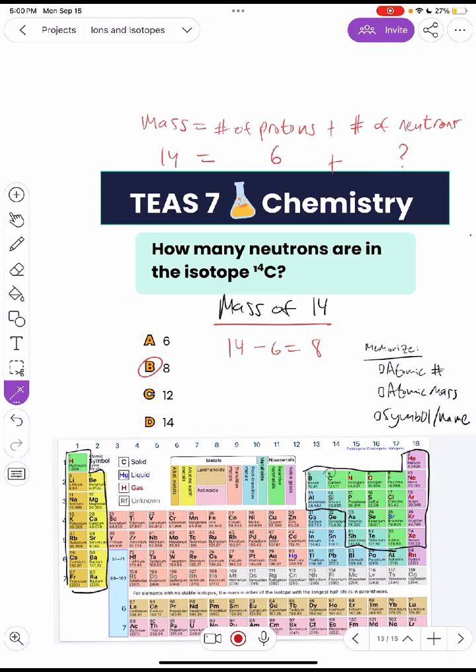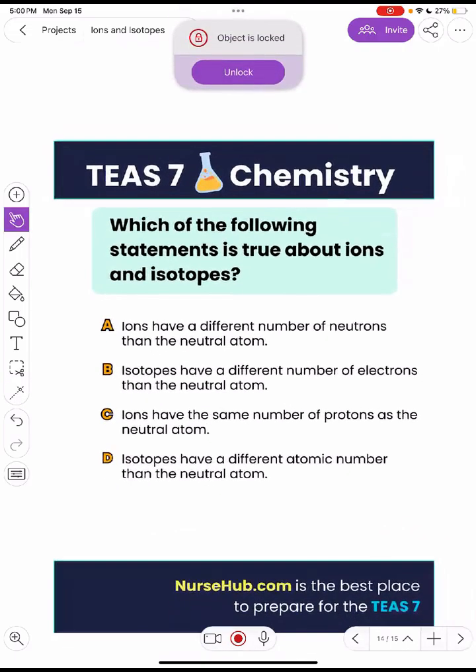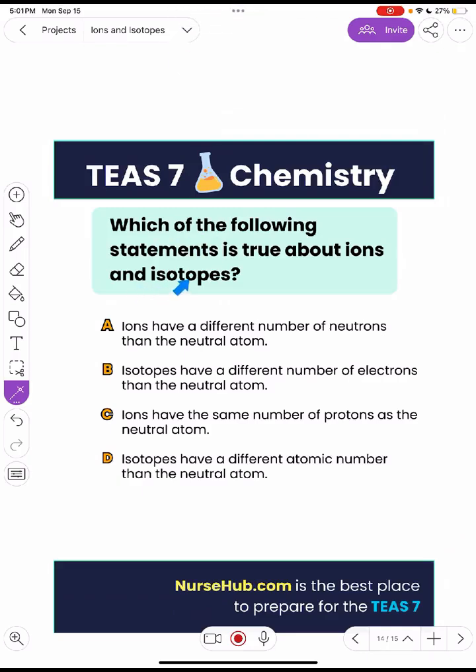Okay. It's 5 o'clock. Let's close with one last quick question, just to stamp what we learned today. Which of the following is true about ions and isotopes? Congrats in the chat. That's amazing. Keep it up, y'all. A: Ions have a different number of neutrons than a neutral atom.